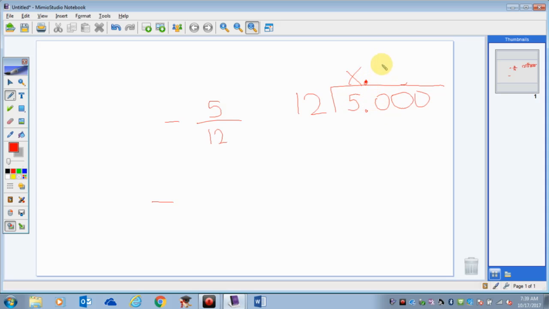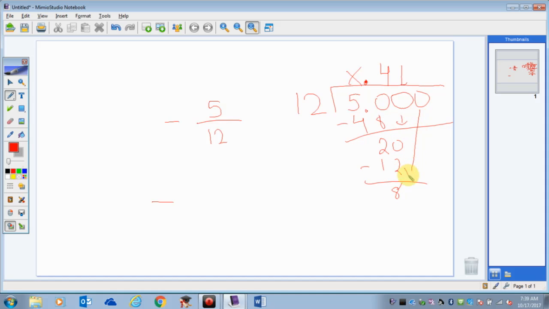12 will go into 50 4 times. 12 times 4 is 48. 50 minus 48 is 2. Bring down my 0. 12 will go into 20 one time. 12 times 1 is 12. 20 minus 12 is 8.